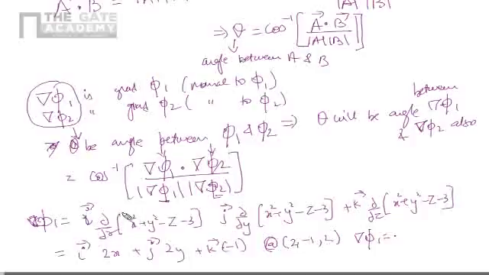It will be 4i minus 2j minus k, because k has no term dependent on x, y, z, it is just minus 1k. So 4i minus 2j minus k vector is what we will get. Clear? Okay.